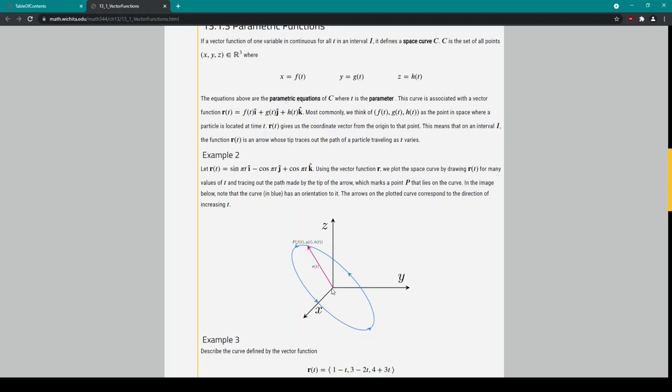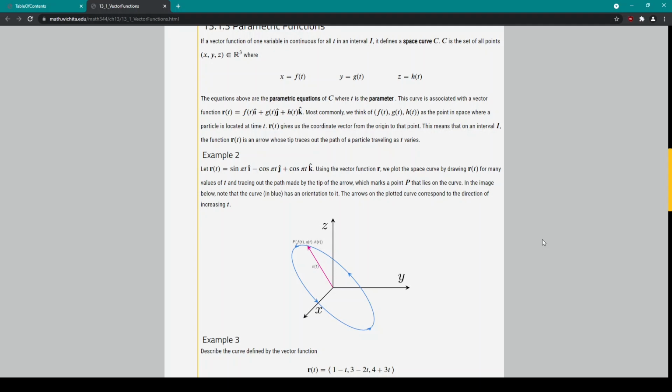Okay, and the way that we would draw the function is we think about r as a vector from the origin whose arrow ends up at some point in space. Okay, so the curve is drawn by where the tip of the magenta colored arrow traces out. All right. Questions about this? Seems okay.